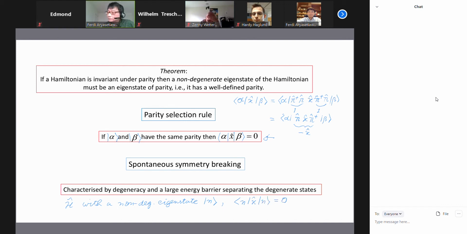So there is no electric dipole. So this is a dipole operator.